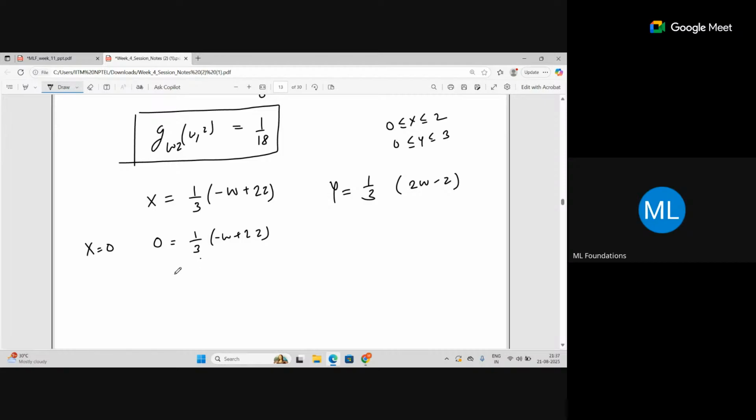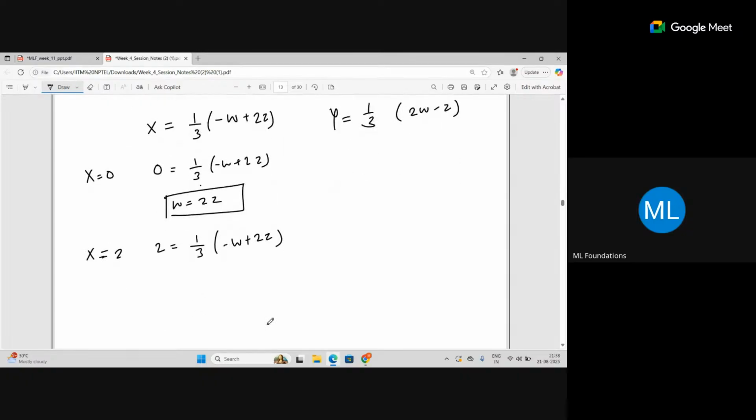At x equal to 2, this function will be 2 equal to 1 by 3 (minus w plus 2z). That will give me 6 equal to minus w plus 2z, or in other words, w equal to 2z minus 6, right?